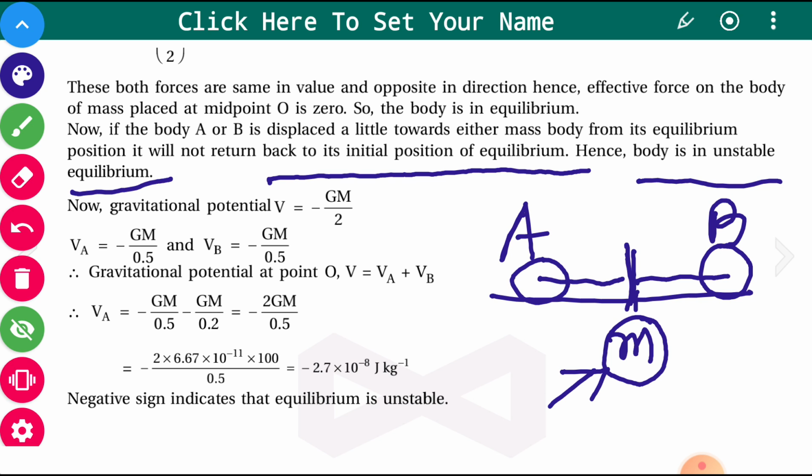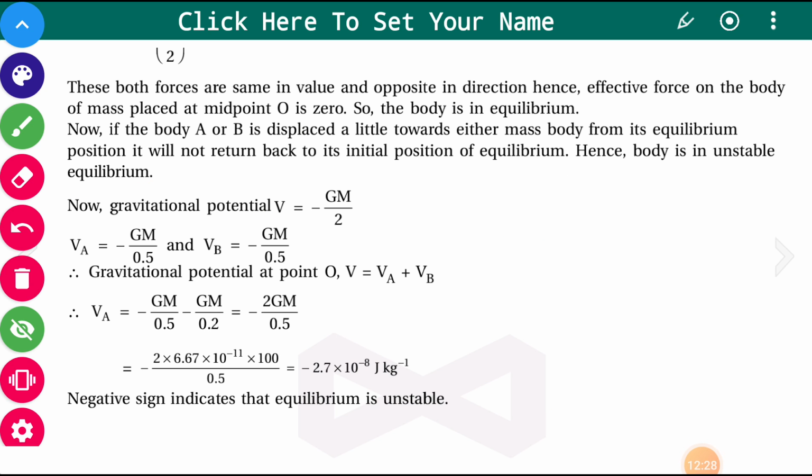Now let us calculate gravitational potential. Potential is minus Gm upon R, where R is the distance. Rather, this should not be 2. So, try to understand the equation of gravitational potential.